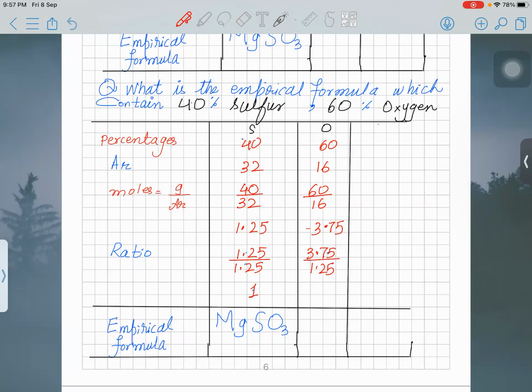So the ratio is 1:3. So the empirical formula is SO3.